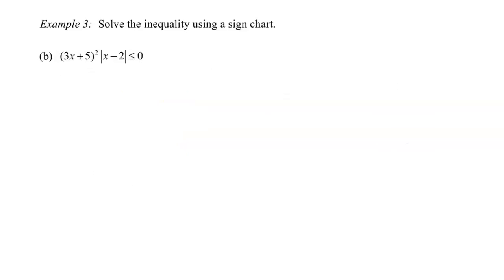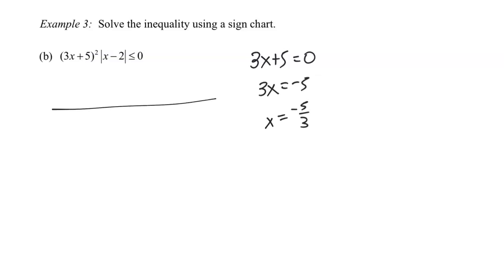Okay, in letter B, we have 3x plus 5 squared multiplied by the absolute value of x minus 2. And so if we start with the first factor, I'm going to have 3x plus 5 is equal to 0. And so that tells me that x is going to equal negative 5/3, and that is going to go on my number line over here.